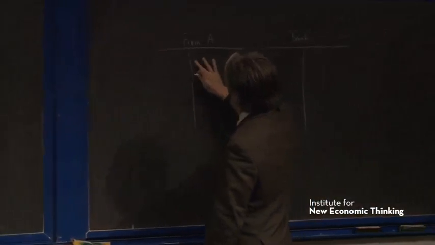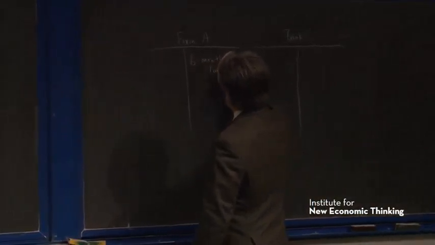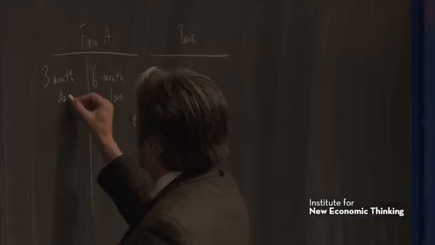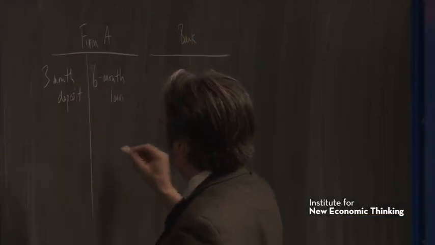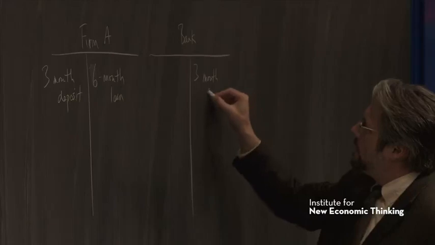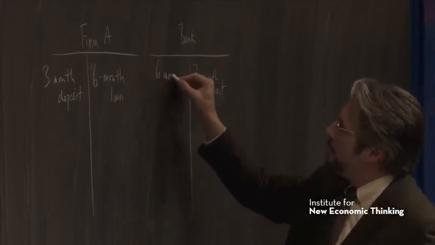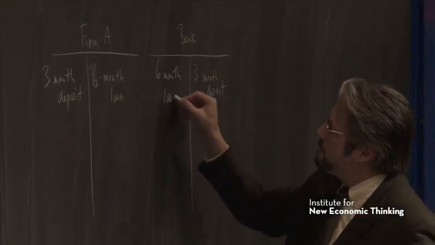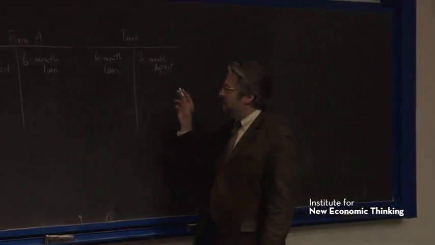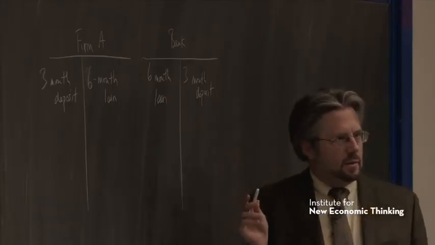We could have a swap of IOUs so that we have a 6-month loan, a 3-month deposit, okay, a 3-month deposit, and a 6-month loan, okay? At the moment that we do this swap of IOUs, no money has to change hands at all, okay?